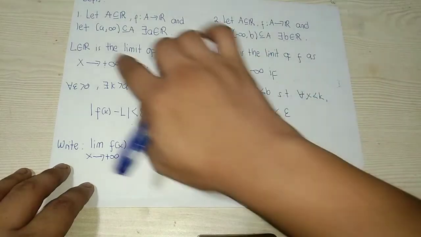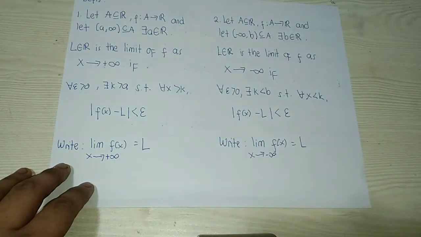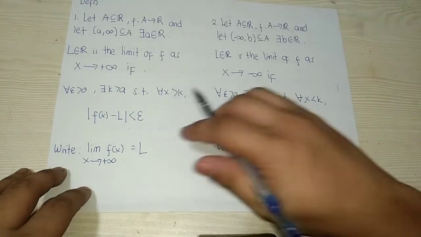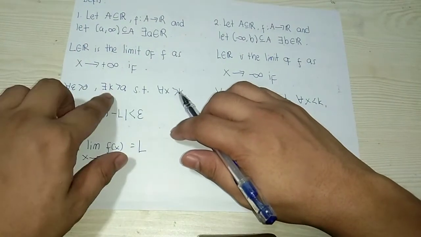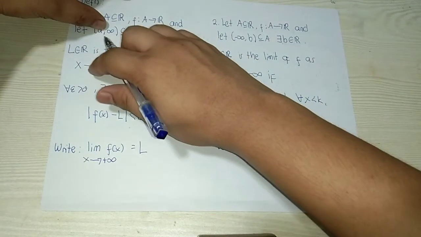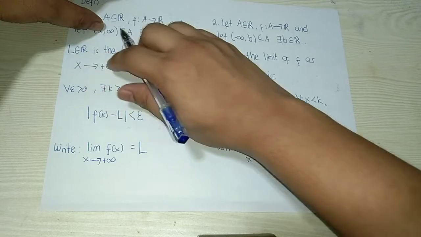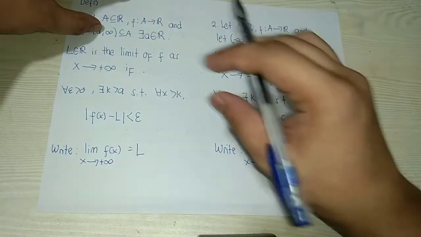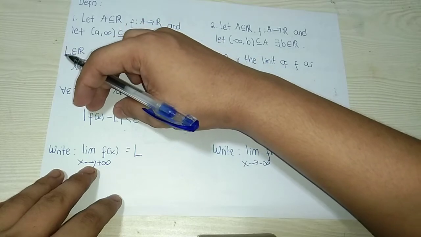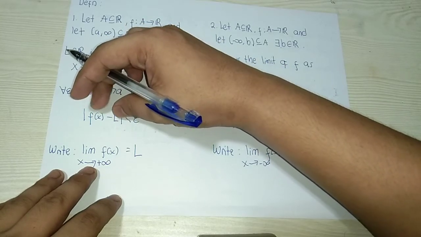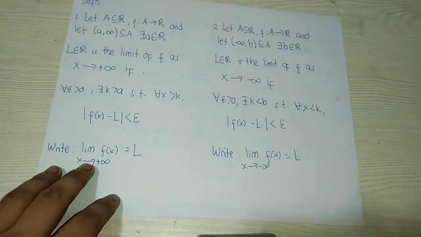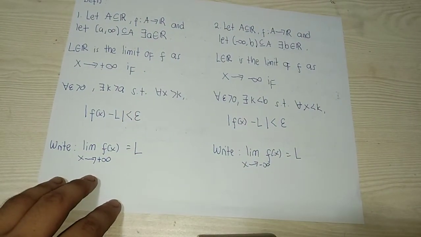So when that happens, then that L is the limit of f. It means that for x higher than k, or the x values from here up to infinity, whichever you substitute, f of x is within epsilon. The distance is within the interval L minus epsilon, L plus epsilon.